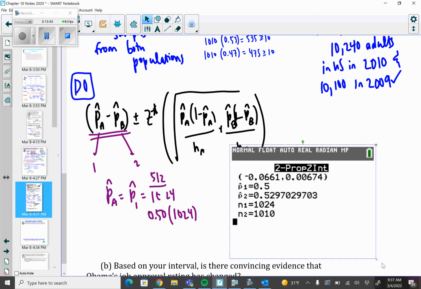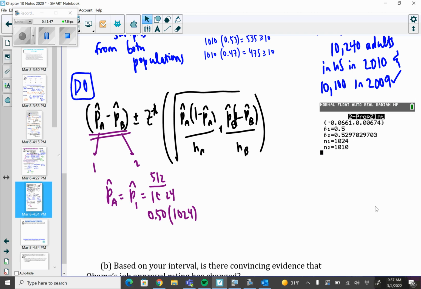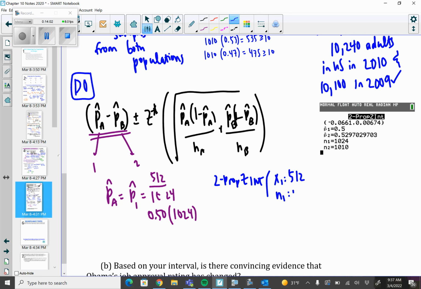So if we want to show our work on the AP exam, we would have to tell the reader what we just did. So 2 prop Z int, where X1 was 512 and N1 was 1024.